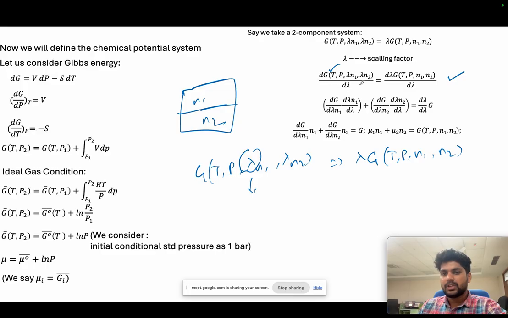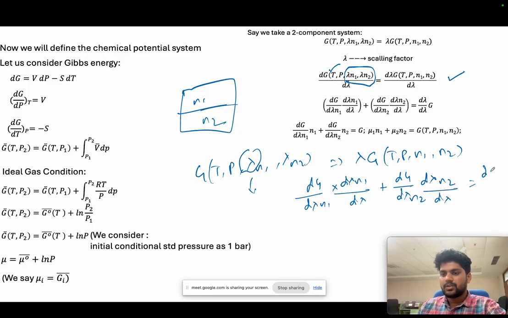We are doing it only with respect to this. So we get dG by d lambda n1 into d lambda n1 by d lambda, plus dG by d lambda n2 into d lambda n2 by d lambda, equal to, as it is G times lambda, d lambda will cancel. On the right side you will get only G.